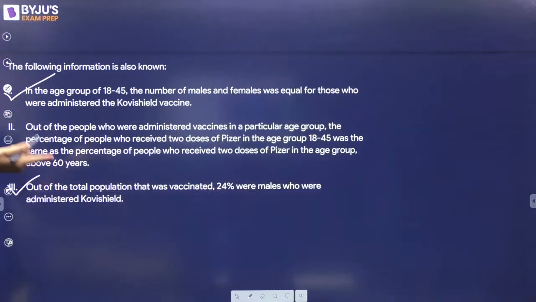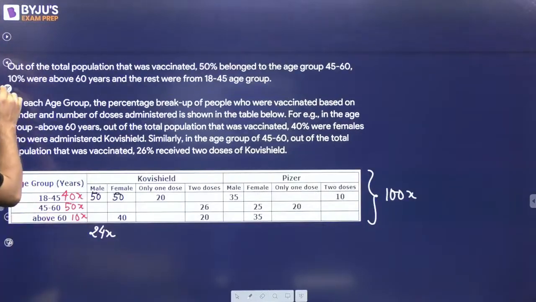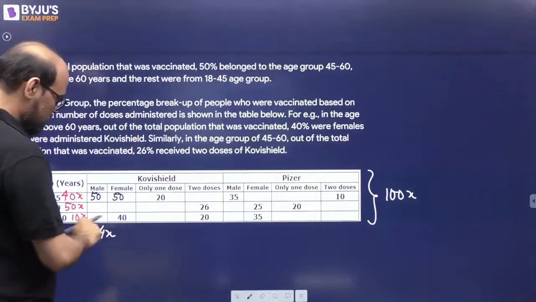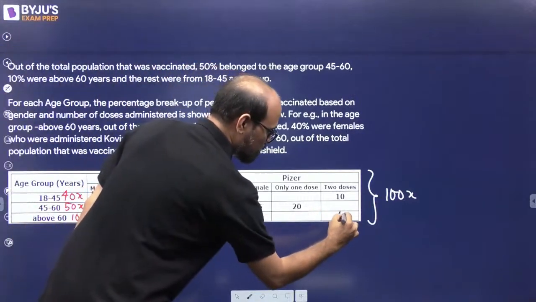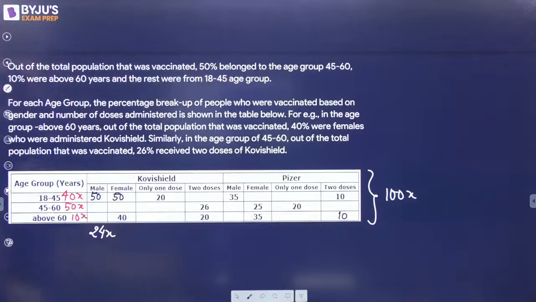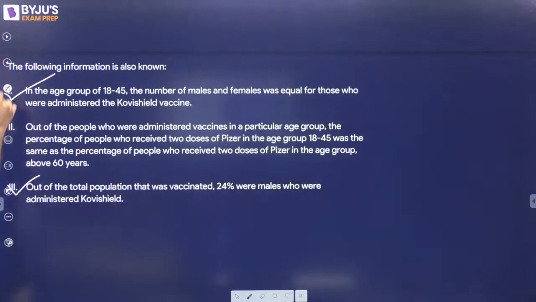Was the same as the percentage of people who received 2 doses of Pfizer in the age group above 60 years. So that means ये भी हमारा 10% है. Okay, so we are done with all the 3 statements.